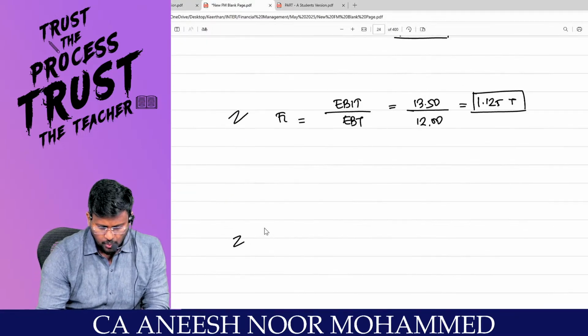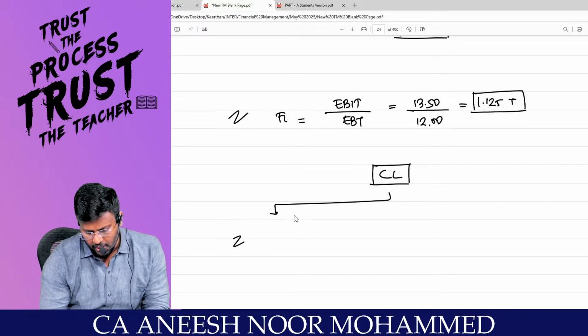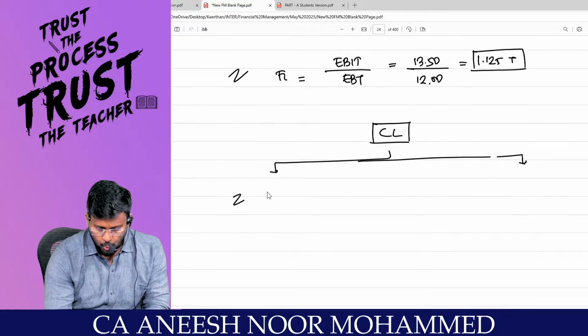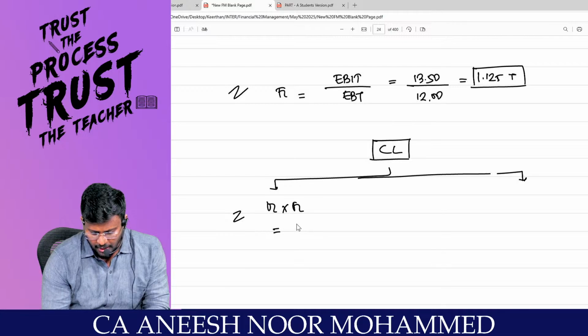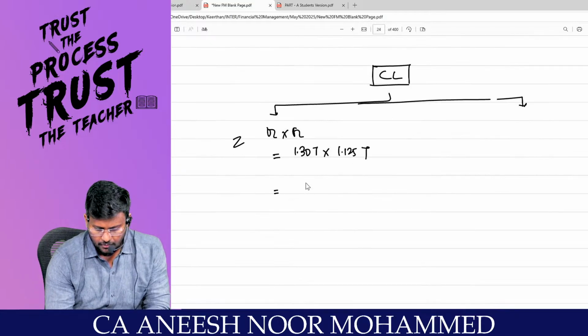Then they want combined leverage. In two ways, we can calculate the combined leverage. Combined leverage either can be calculated by using the multiplication method or the formula method, which is operating leverage into financial leverage, which is nothing but 1.30 times into 1.125 times comes to 1.4625 times.